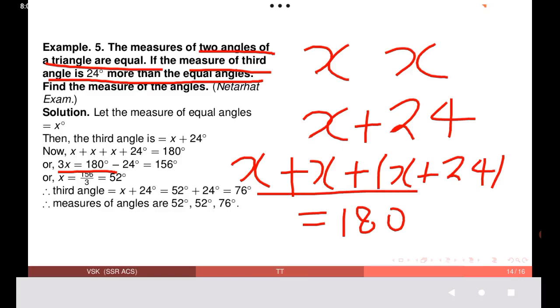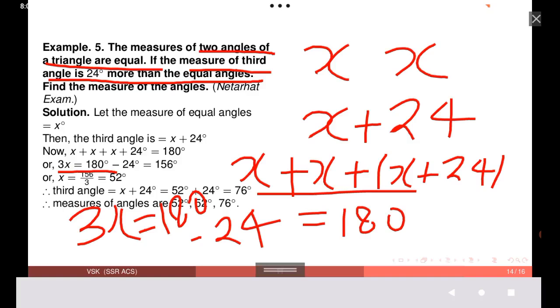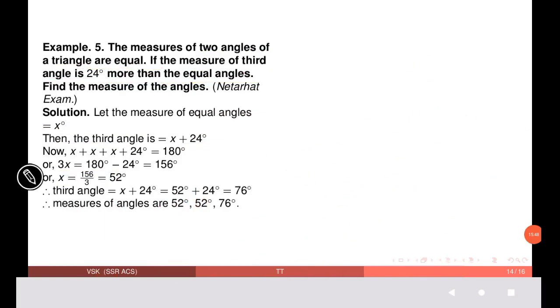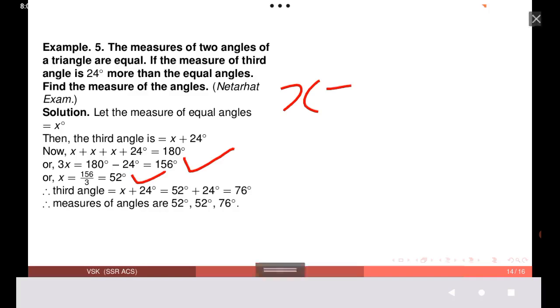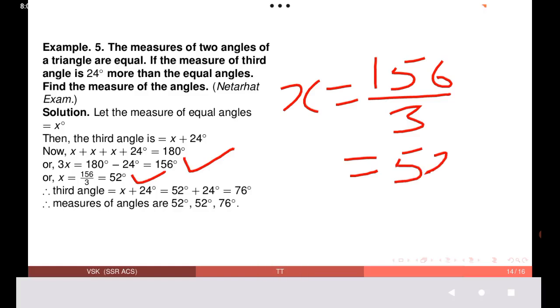Because the sum of these is 3x, and you keep 180 as it is and take this 24 to this side. So you will get 3x is equal to 156, and from this x is equal to 156 divided by 3, so that is equal to 52.